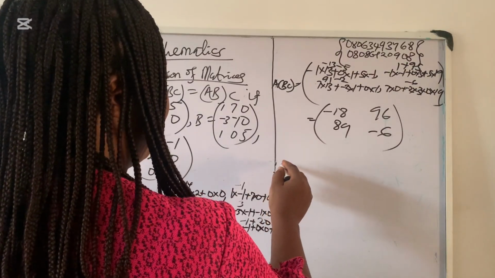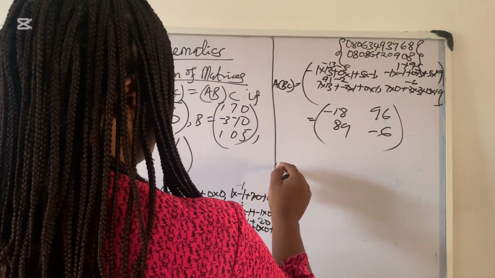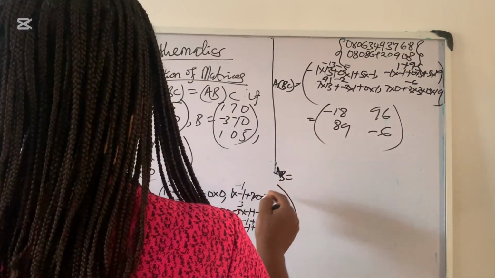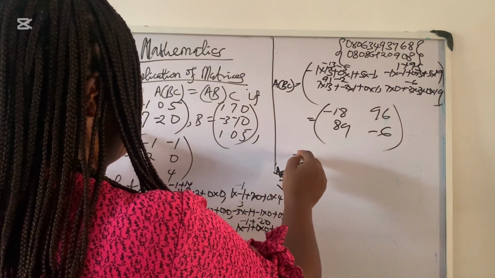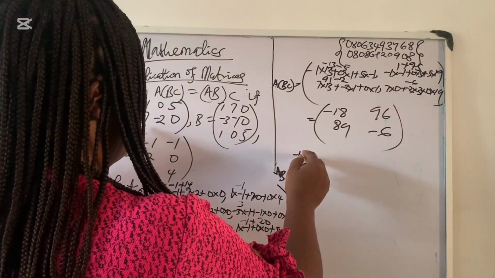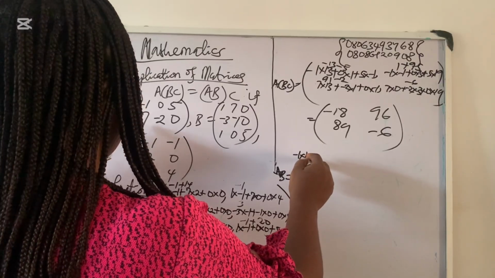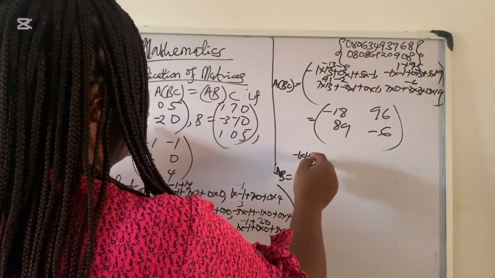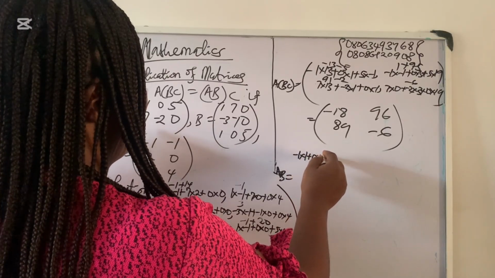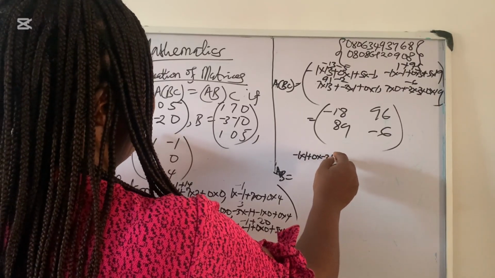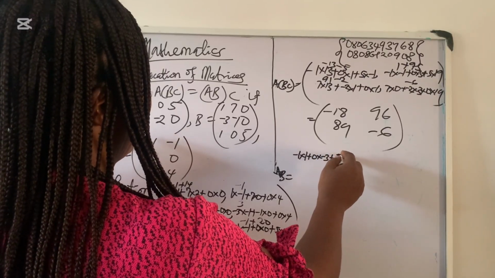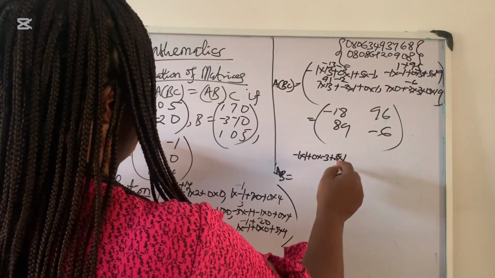Now for our AB, we have minus 1 times 1 plus 0 times minus 3 plus 5 times 1.